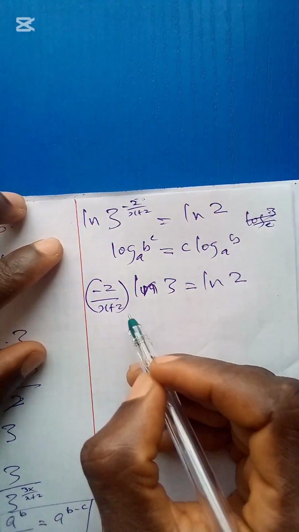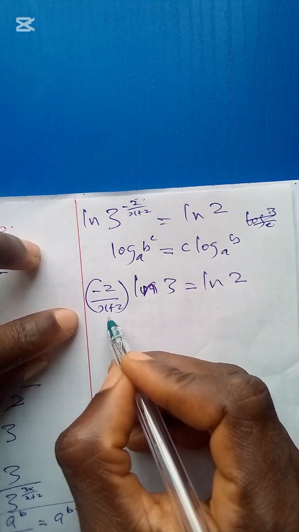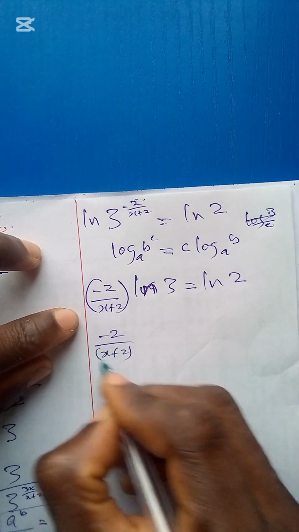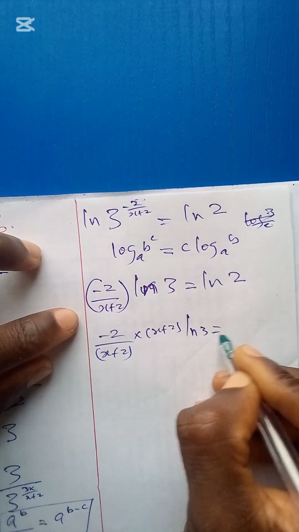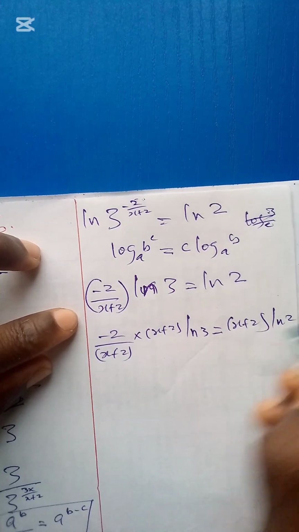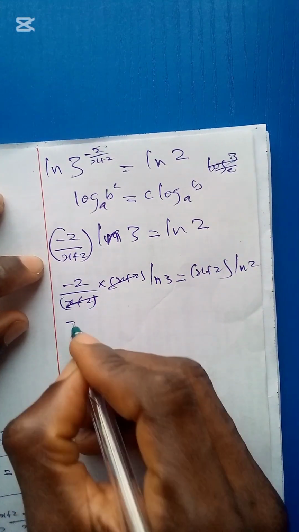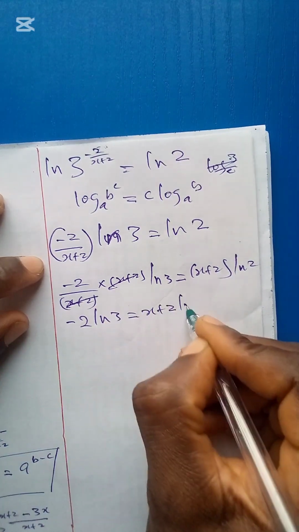Now, to proceed, I'm going to multiply both sides by x plus 2. So I have minus 2 over x plus 2 times x plus 2 ln3 is equal to x plus 2 ln2, where this and this will cancel out, leaving us with minus 2 ln3 is equal to x plus 2 ln2.